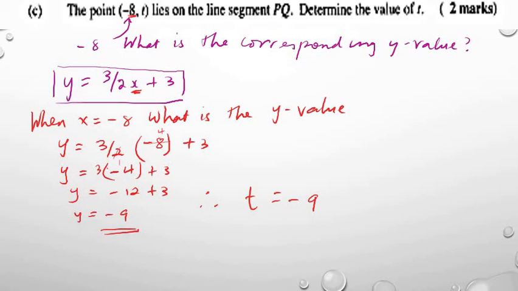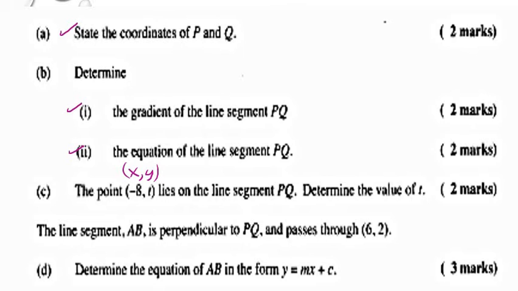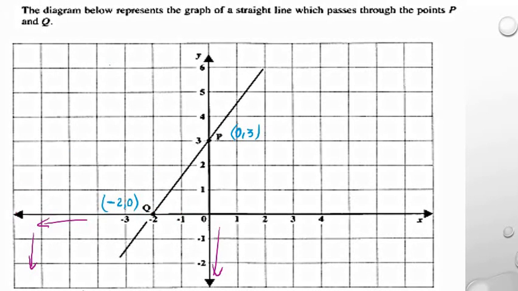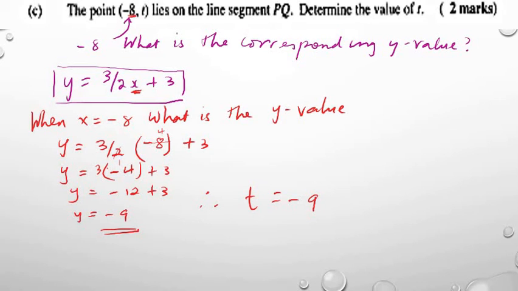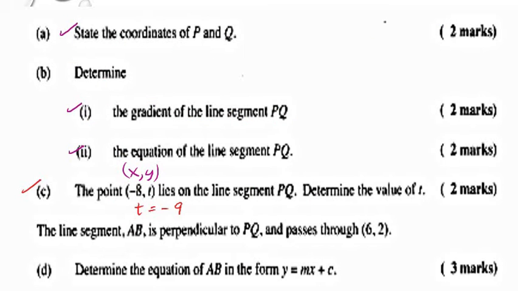Next part of the sum now. So let's complete this here. t is equal to -9. The line segment AB is perpendicular to PQ. Line segment AB is perpendicular to this line, meaning it intersects the line at a 90-degree angle and passes through the point (6, 2).